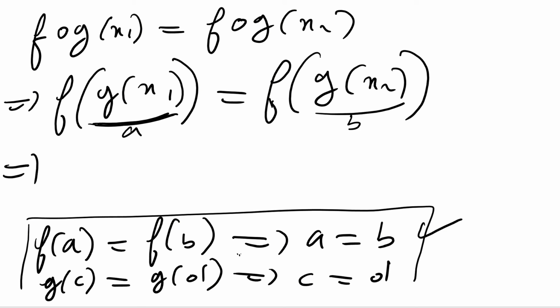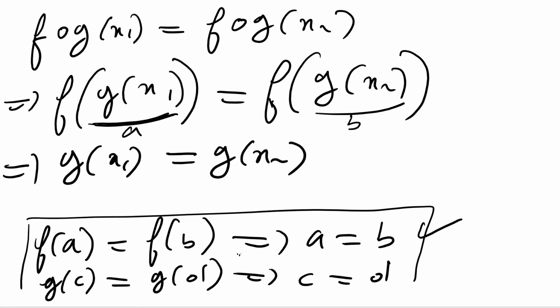Because f is one-to-one, this brings you to g of x1 equal to g of x2, right? Think of this as a and of this as b. So a is here, b is here, that means a equals b.